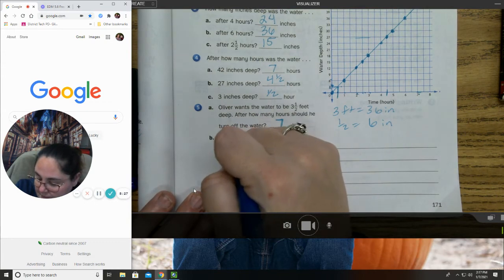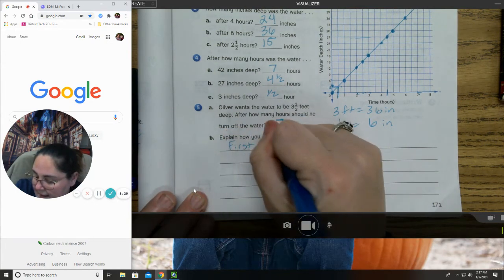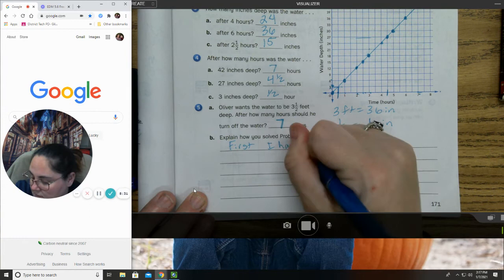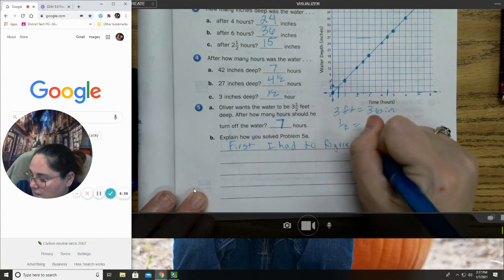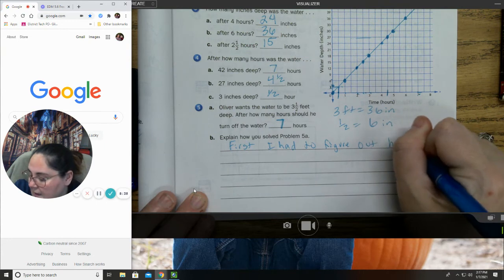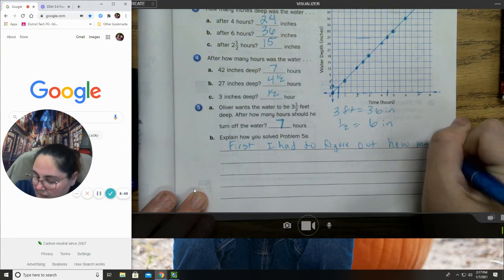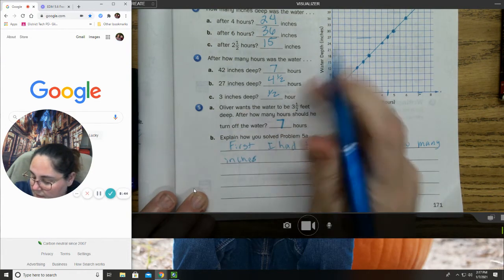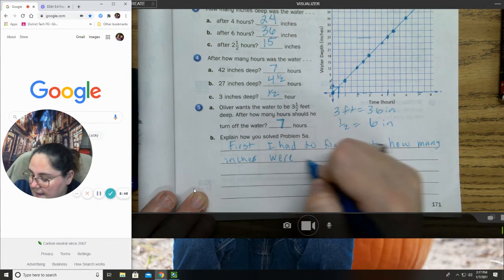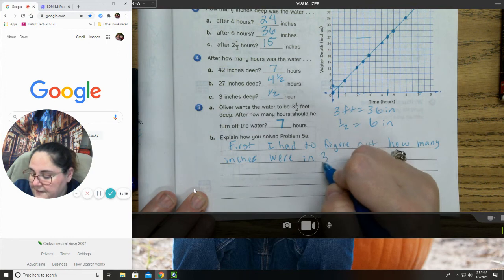First, I had to figure out how many inches were in 3 feet.